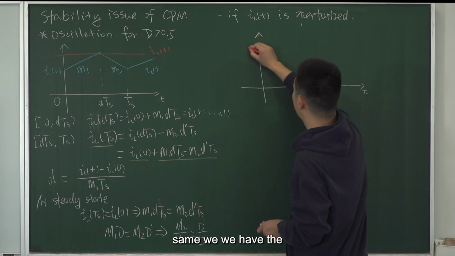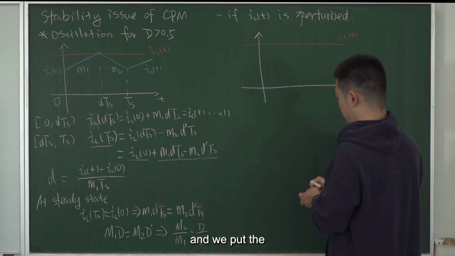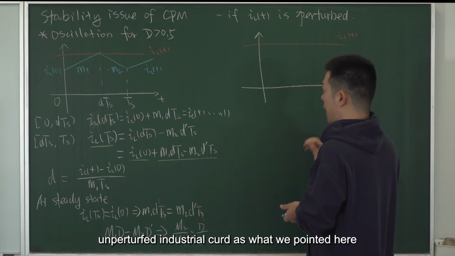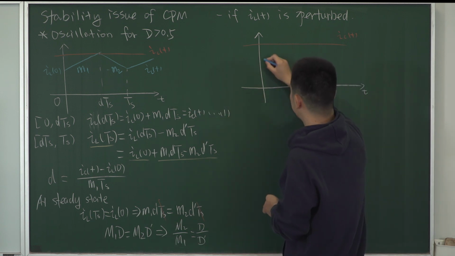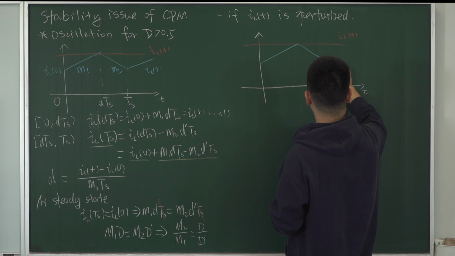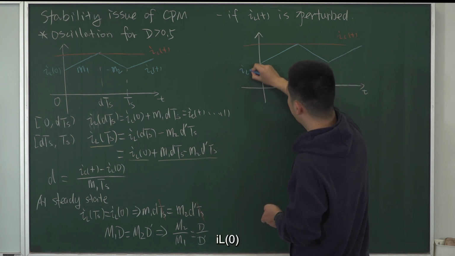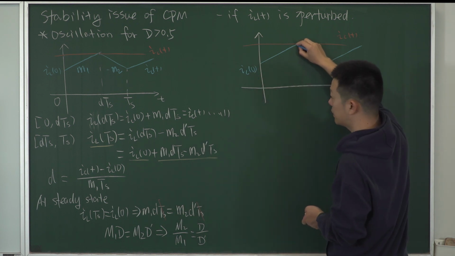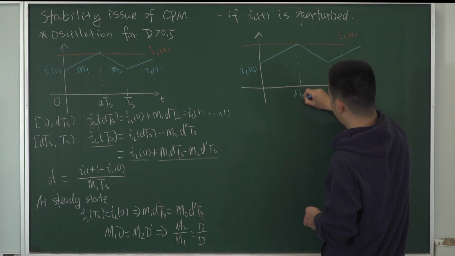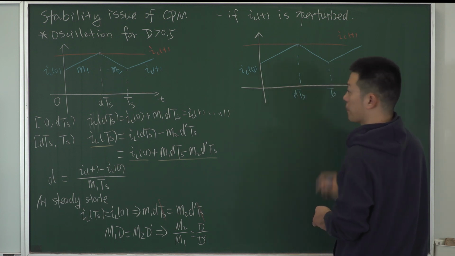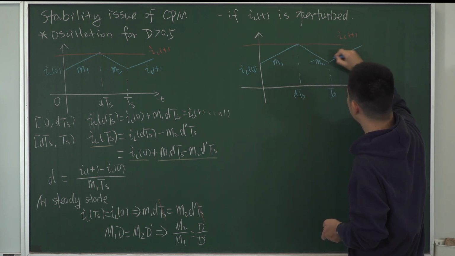Same as before, we have the controlling current as ICT, and we put the unperturbed inductor current as what we plotted here. This is the IL0, this is DTS, and this is TS. The slope here is M1, then minus M2.